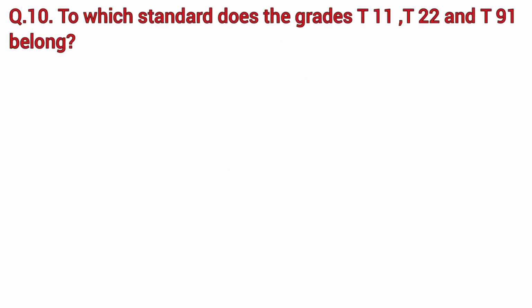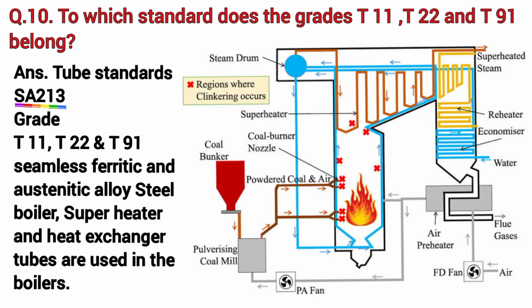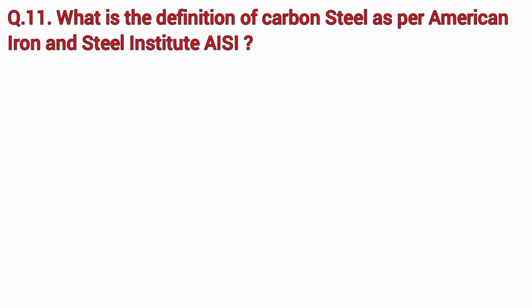To which standard do the grades T11, T22 and T91 belong? Tube standard SA213 grades T11, T22 and T91 are seamless ferritic and austenitic alloy steel boiler superheater and heat exchanger tubes used in the boilers. What is the definition of carbon steel as per American Iron and Steel Institute, AISI?